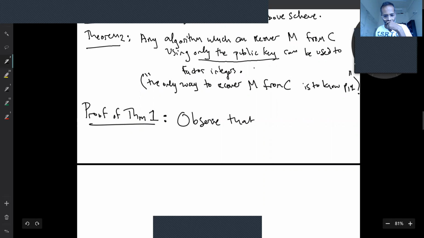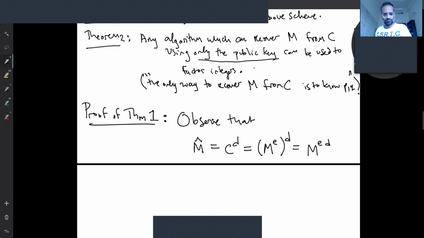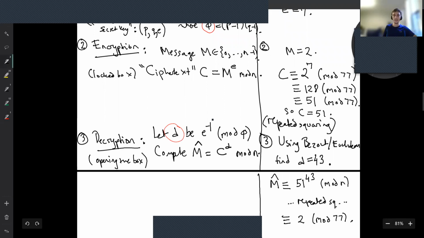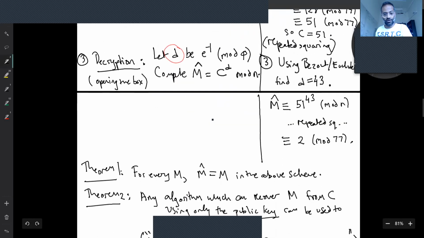So observe that m hat is c to the d, which is m to the e to the d, which is just m to the ed. Okay, and what do we know about e and d? How did we define d? ed is congruent to 1 modulo phi.